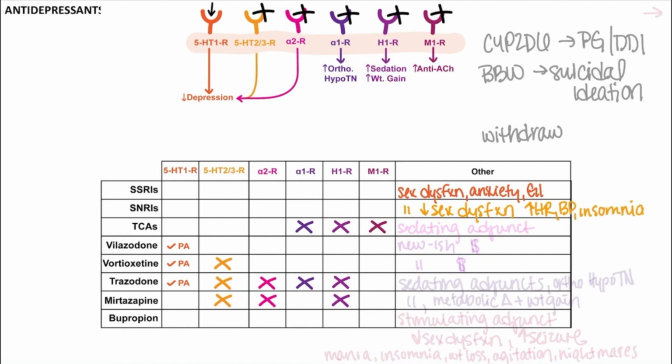Now, we have already discussed the TCAs and why they are generally not a first choice, but sometimes when combination therapy is needed and there is insomnia reported, these can be sedating and taken at night to help, but there are other options that will have a similar effect. So these will also have similar serotonin and norepinephrine concerns as our SSRIs and our SNRIs.